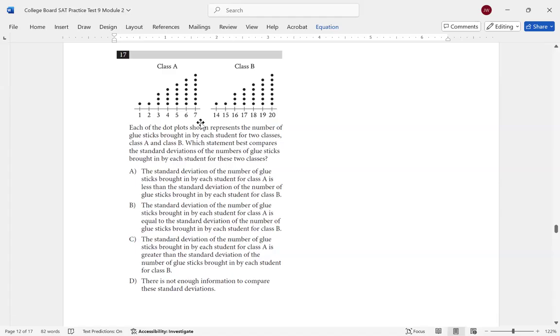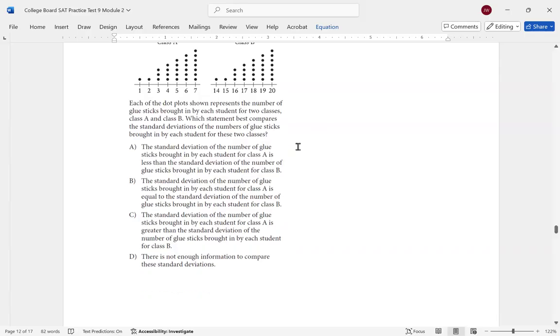If I'm looking at how spread out the data is, these dot plots are giving me the exact same distribution, other than one is shifted over from the other. In other words, one starts at 1, the other starts at 14. But the shape is the exact same. The gaps between are the exact same. And that means the standard deviation of each group is the same.